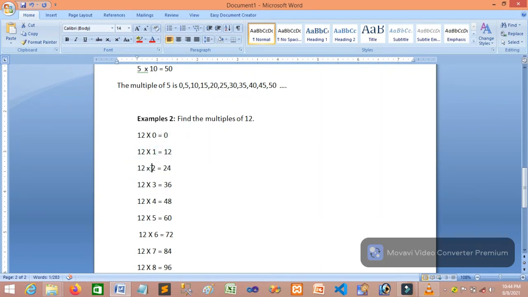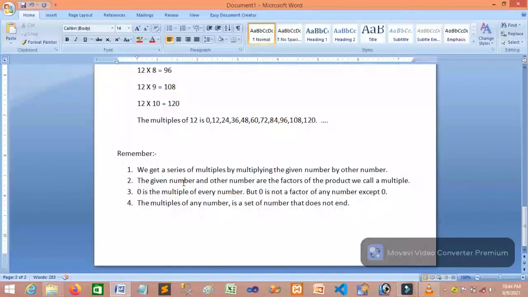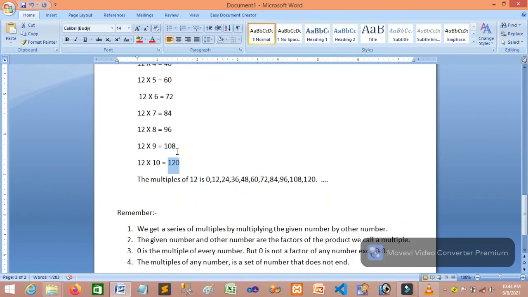Then 12 and 2 are the factors of 24. 24 is the multiple, but 2 and 12 are the factors. So the given number and other number are the factors of the product we call a multiple. Each and every product we call a multiple, 84, 72. All these products we call multiples.